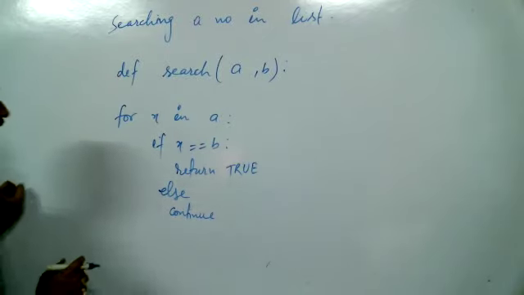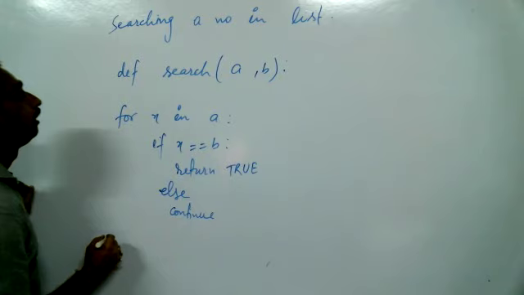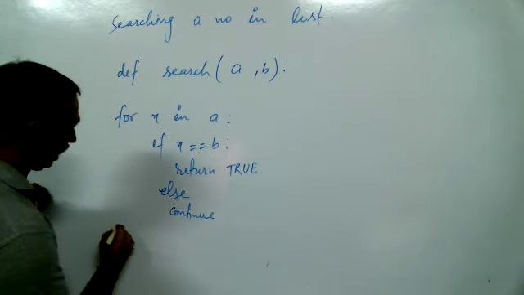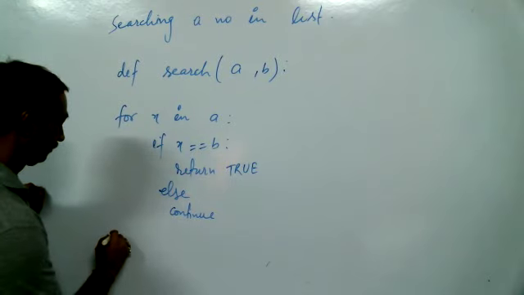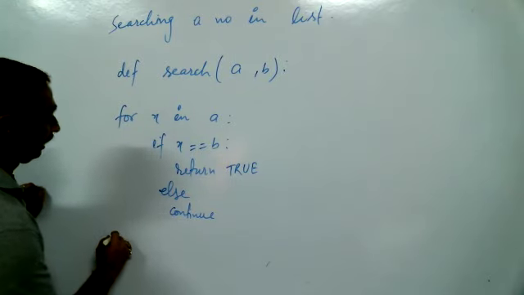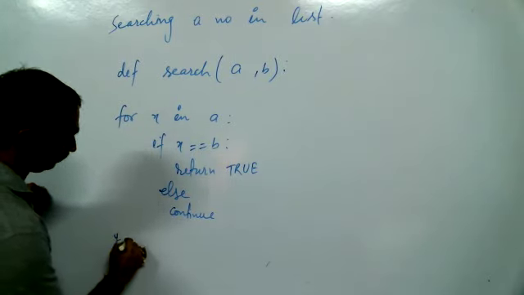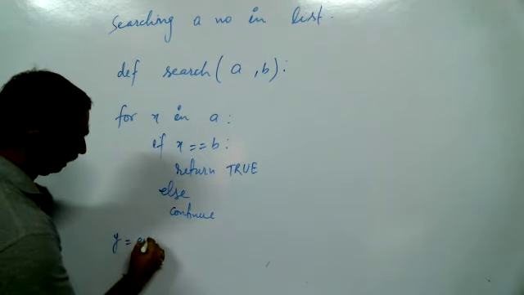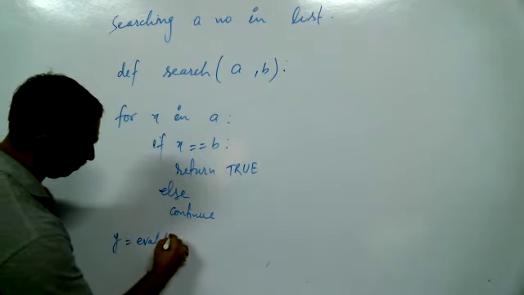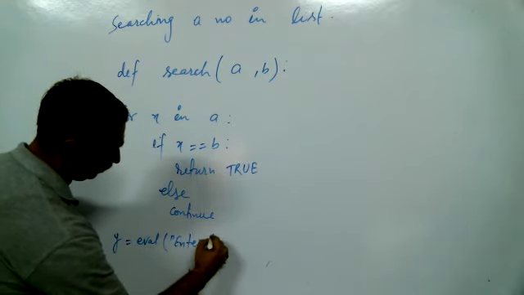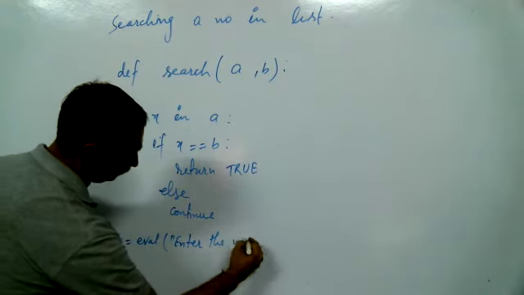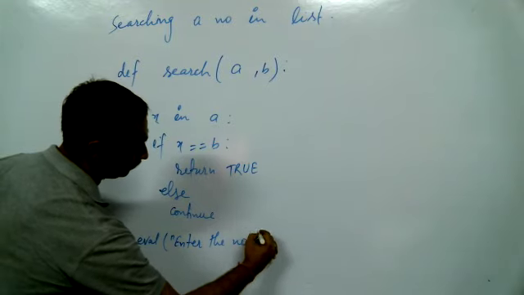Then in the main part, we will create a list. Say for example, I am taking y as a list. Y equal to eval, enter the number in list.